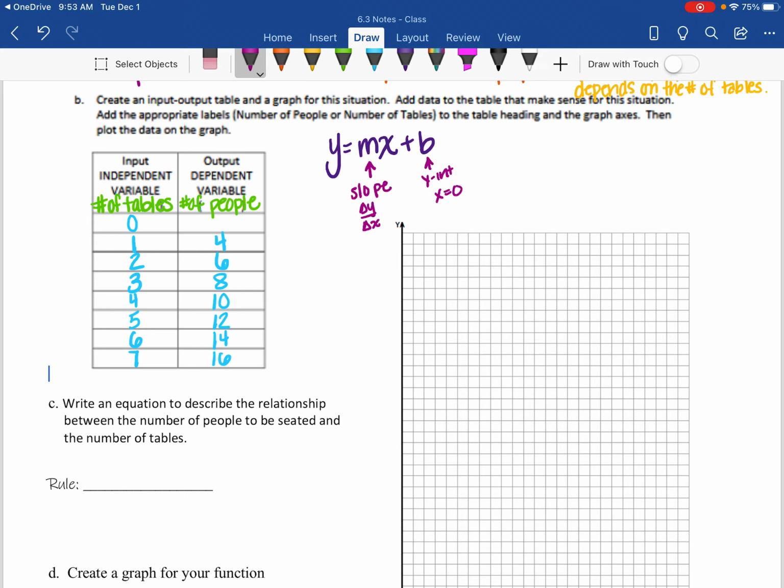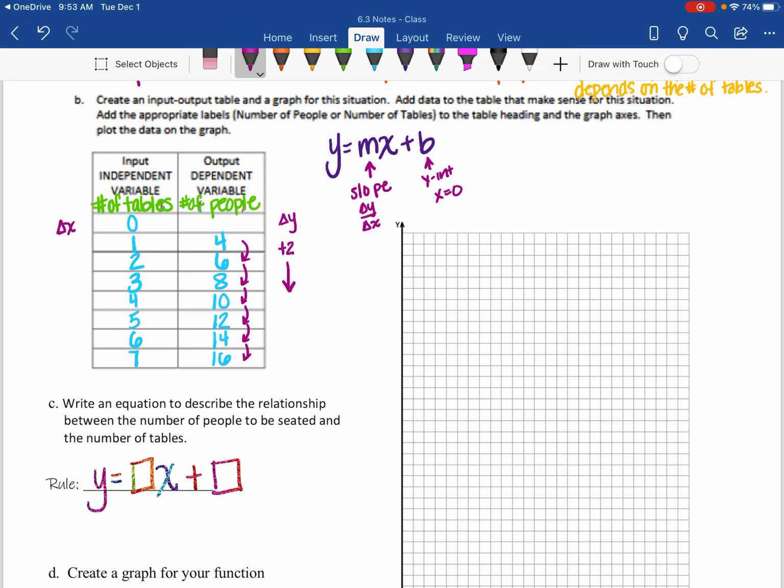Okay, so we're going to start by writing our skeleton, just like we always do. Okay, and then we're going to go through and we're going to find our change in y and our change in x. Okay, so our change in y, as we move through this table, is +2 all the way down.